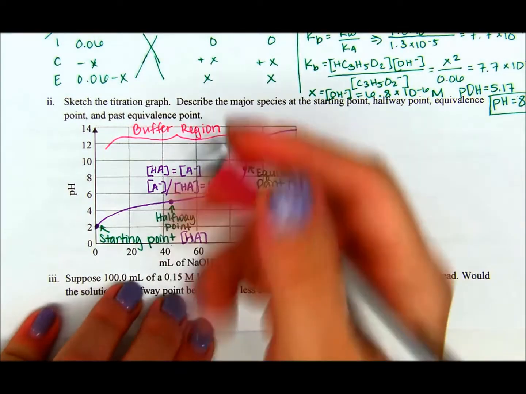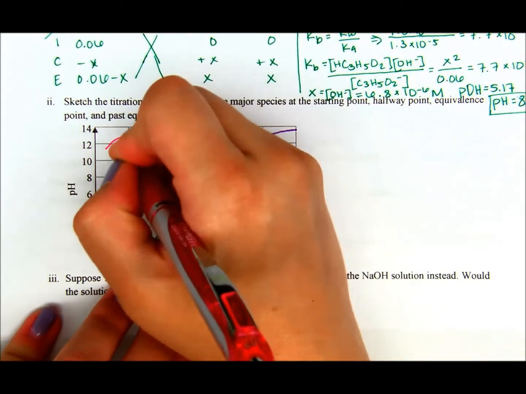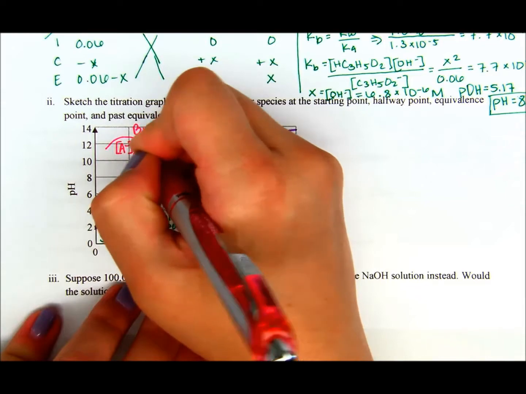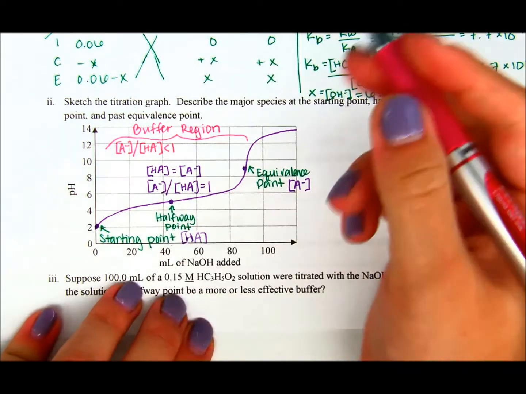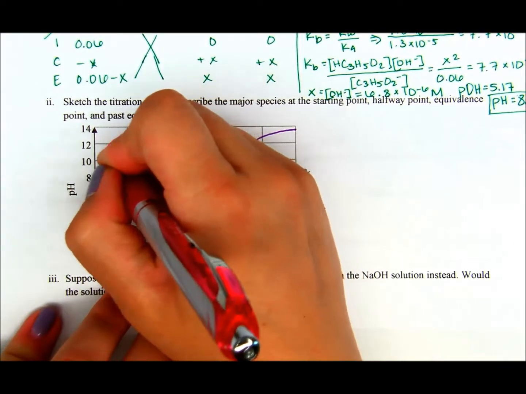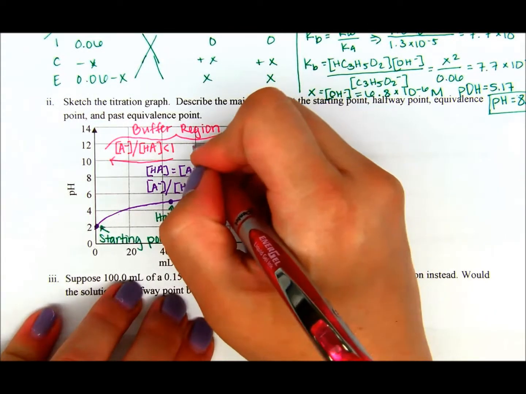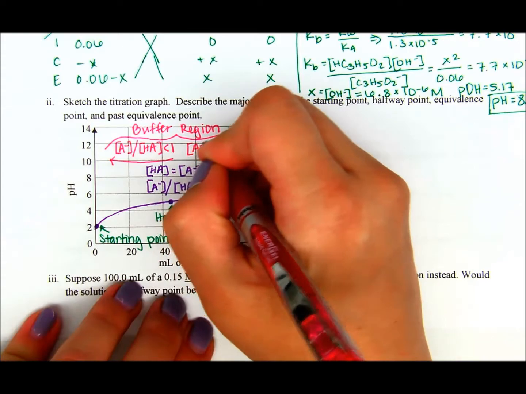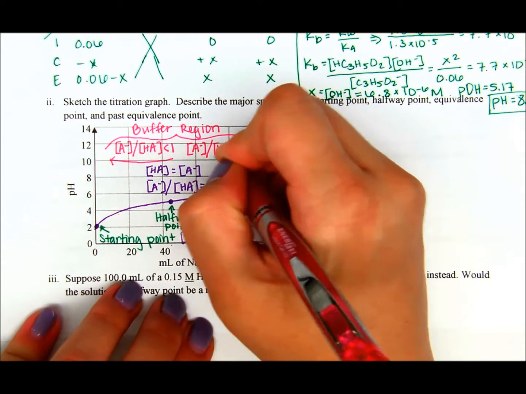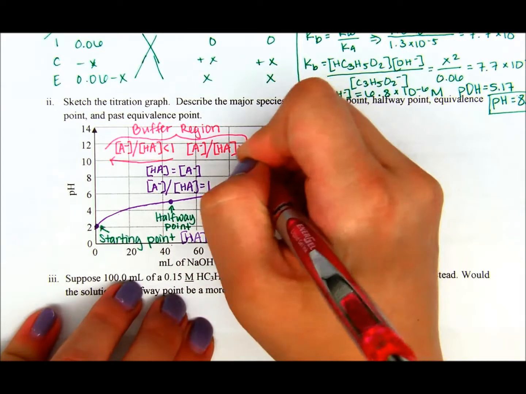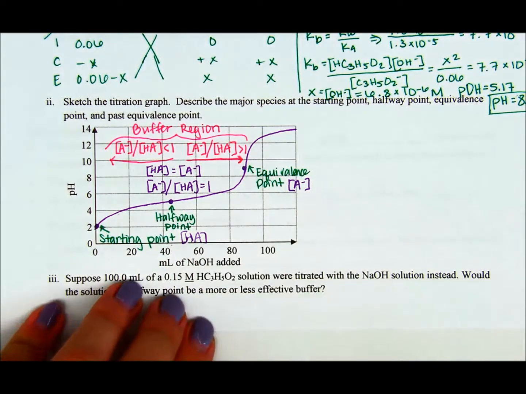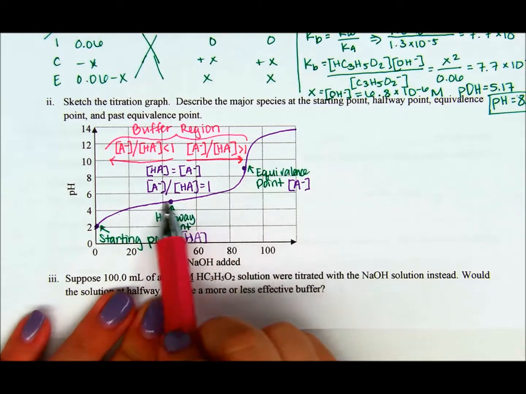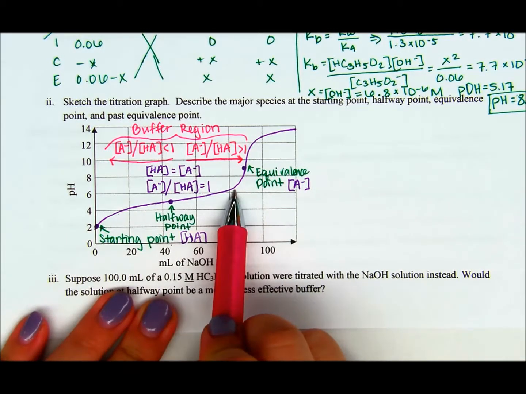So in that buffer region, the ratio of products over reactants, A minus over HA here, is going to be less than 1 going this way, and the ratio of products over reactants is going to be greater than 1 going this way. But this whole region here, this is our buffer region.